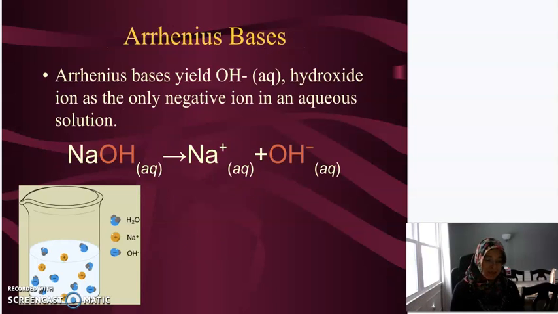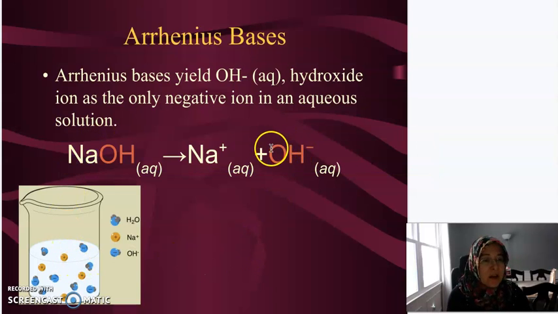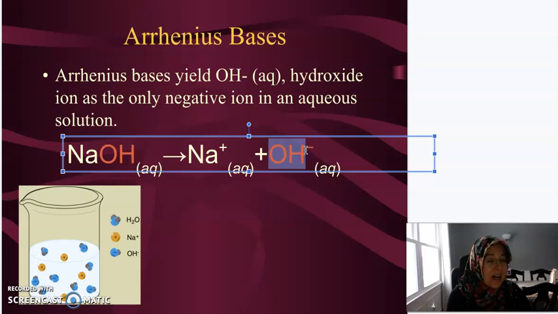In chemistry, we use the Arrhenius definition, as I explained before. If you add a compound to water, for example sodium hydroxide, and it gives hydroxide ions into water, then you say this compound is a base.